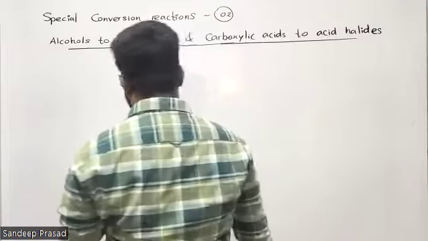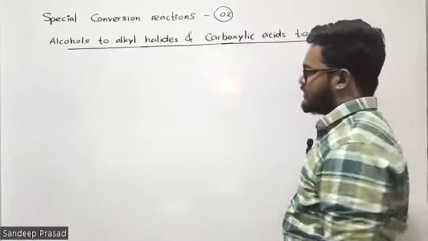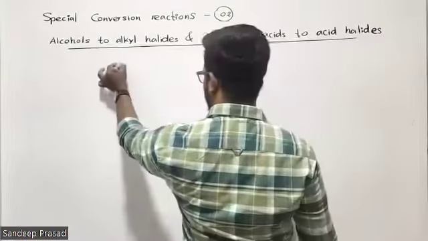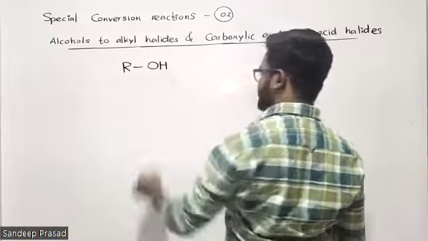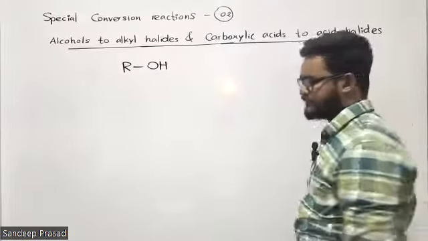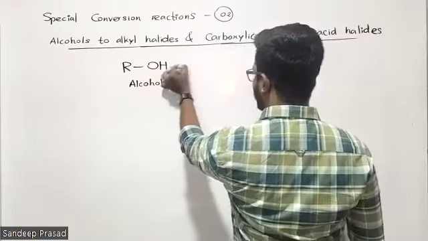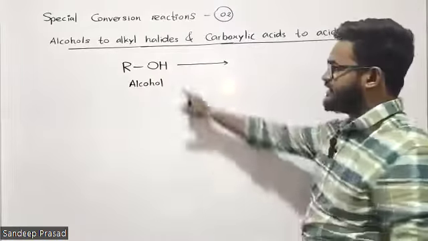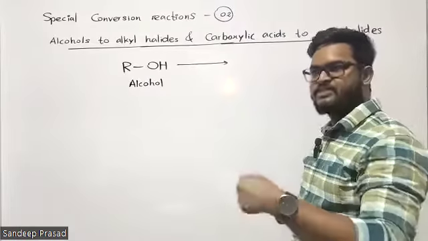Remember, students, this is very easy, very simple. When you are given an alcohol like R-OH, we know that the R group is an alkyl group. So this is an alcohol. In order to convert this into alkyl halide, we can easily convert this OH group into a Cl group or else Br.